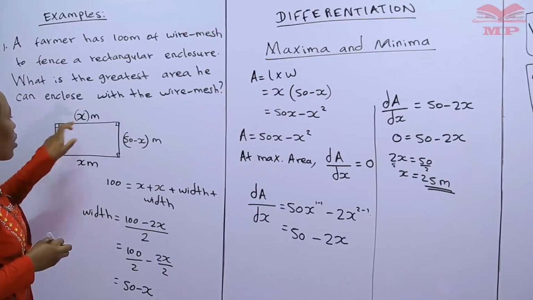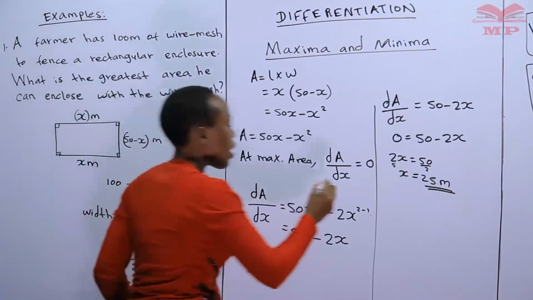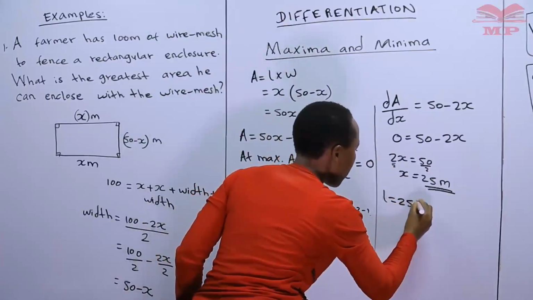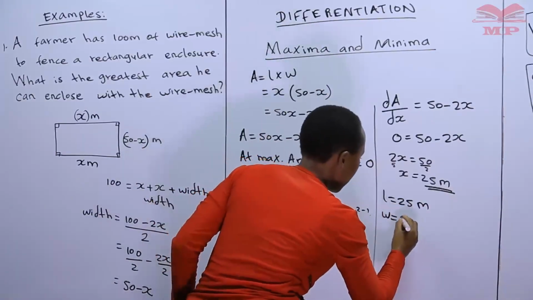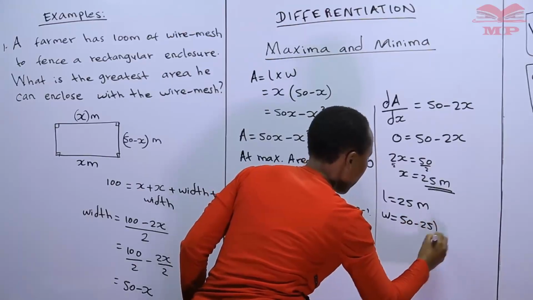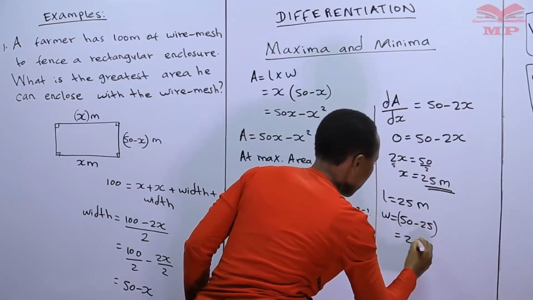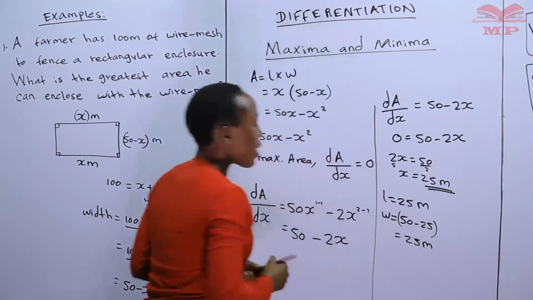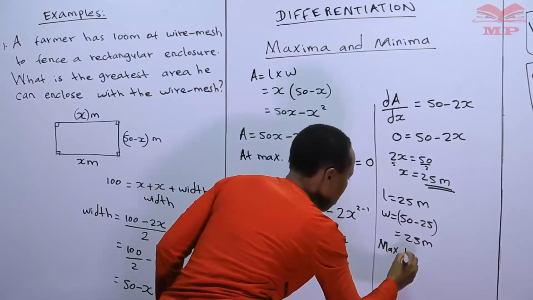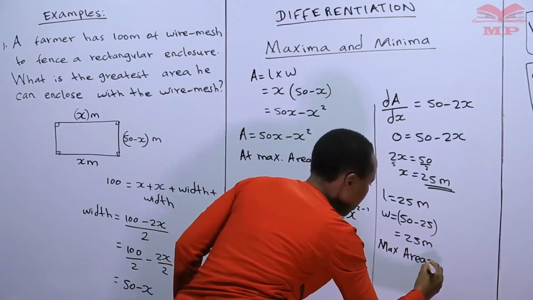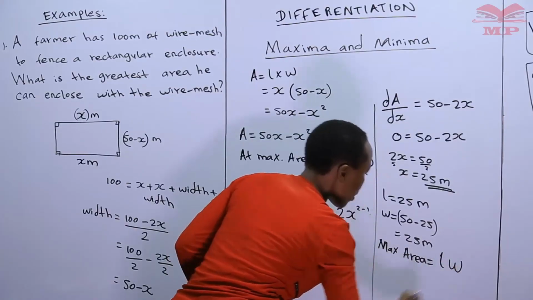We have the length as 25 meters, and the width is 50 minus x. So 50 minus 25, again we have it as 25 meters. And therefore, the maximum area will be given by the length times the width.